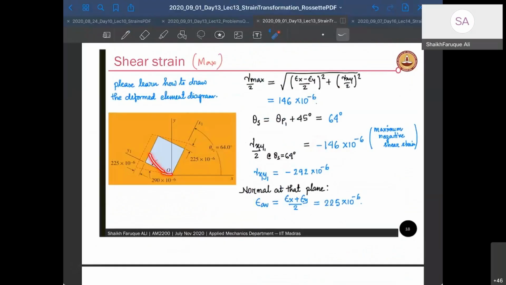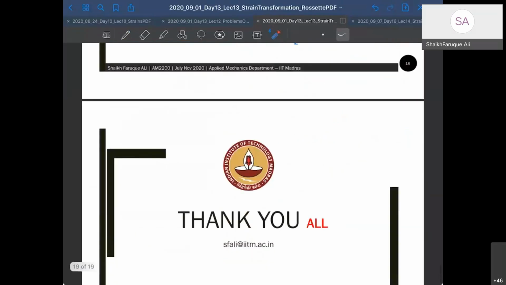At that value, epsilon average is 225 here and 225 there. So you elongate this one this way and you elongate this one this way. Then you rotate this line, it comes here, then you draw a parallel line and join it with your x1 axis. So that's your deformed geometry. Please do them yourself at home, and if you have doubt, get back to me. Okay, with that I'll stop.